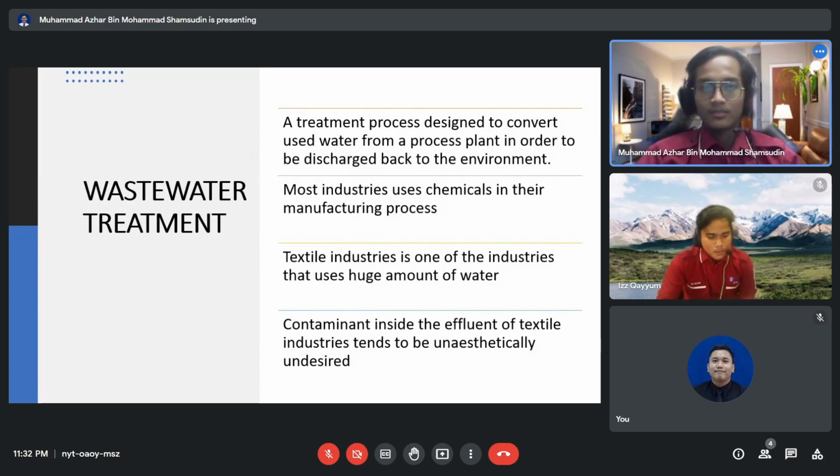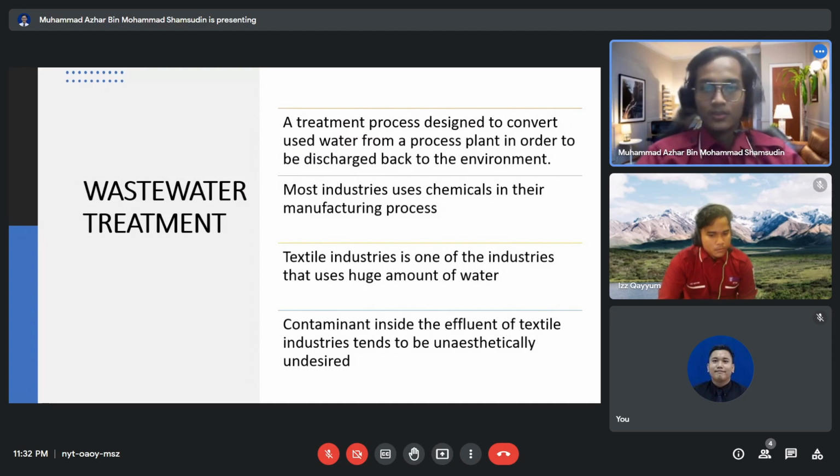This is a very crucial process in any plant procedure to keep in check the quality of water being discharged from any industry or company, due to the Environment Quality Act 1974, regulated by the Department of Environment, DOE.